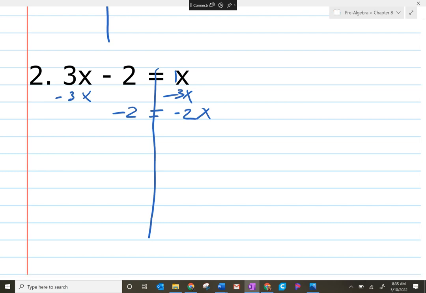So I've got negative 2 equals negative 2x. I would love to get that x all by itself. Gabe, what do I divide by? Divide by negative 2. I'm so happy you added the negative sign. So divide both sides by negative 2. I get negative 2 divided by negative 2. That equals 1. And I'm left with 1 equals x.